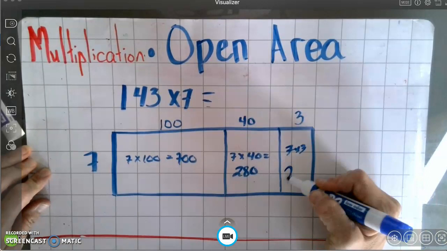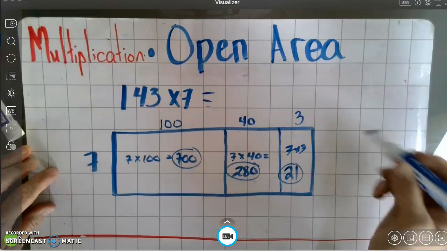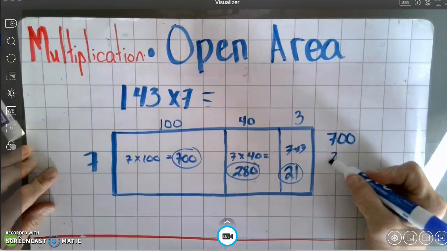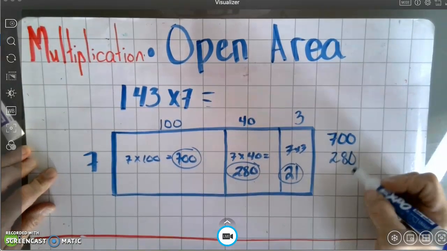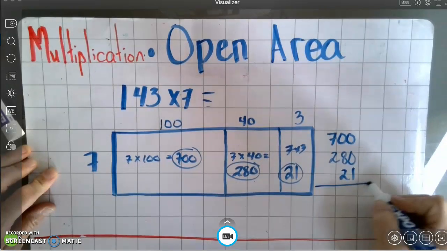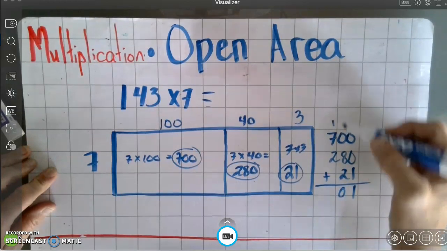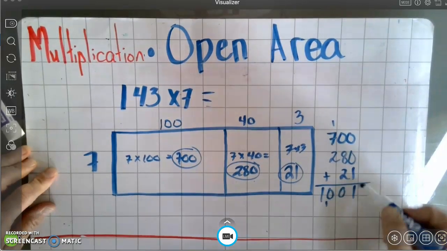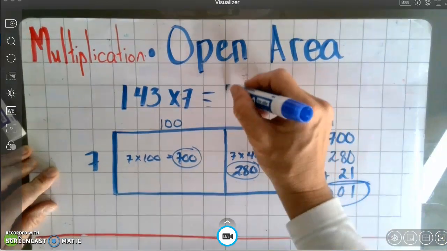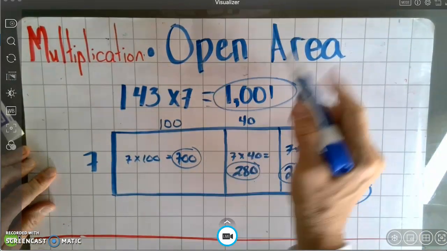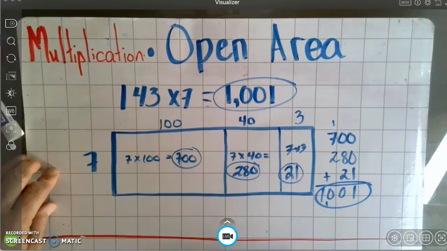Now I take the area of all 3 of my arrays and I add them up. 700, 280, and 21. 1001. All done.